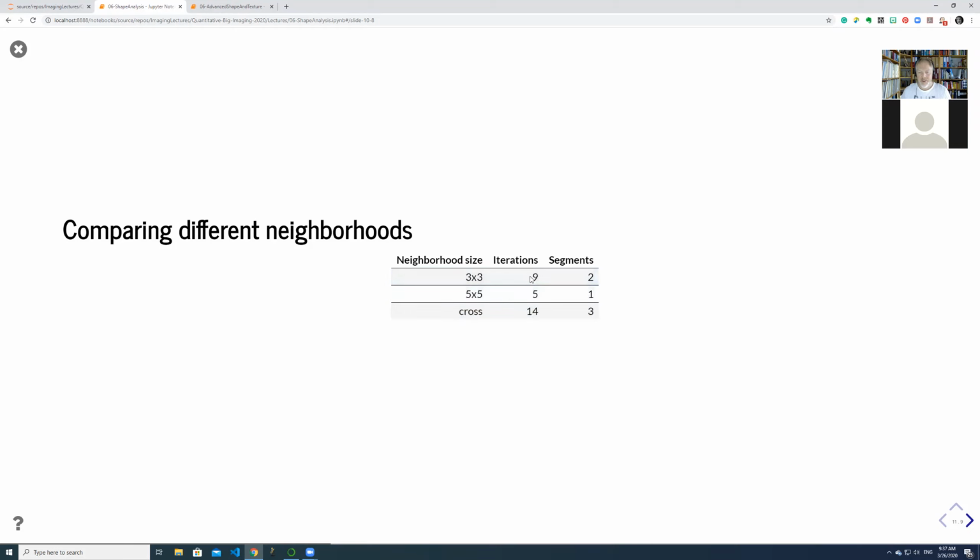Iterations, of course, change with the neighborhood size, but the complexity of each iteration also increases. So here you do 8 comparisons, here you do 24 comparisons, and here you do 4 comparisons. That is also a different thing. The execution time is probably not that different depending on the neighborhood size, because there are fewer iterations but more comparisons.